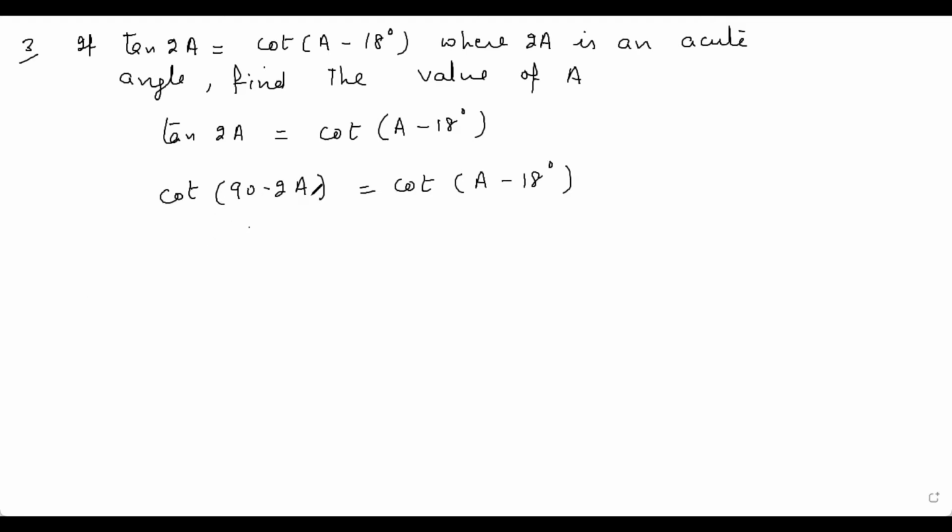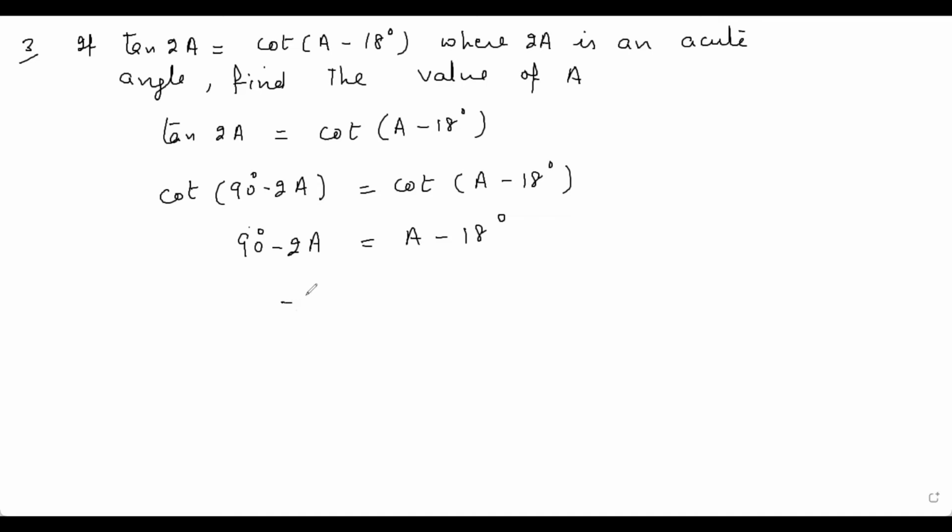Cot 90 minus 2a is equal to tan 2a. So tan 2a can be written as cot 90 minus 2a. Now, if cot 90 minus 2a is equal to cot a minus 18, then 90 minus 2a is equal to a minus 18 degree.